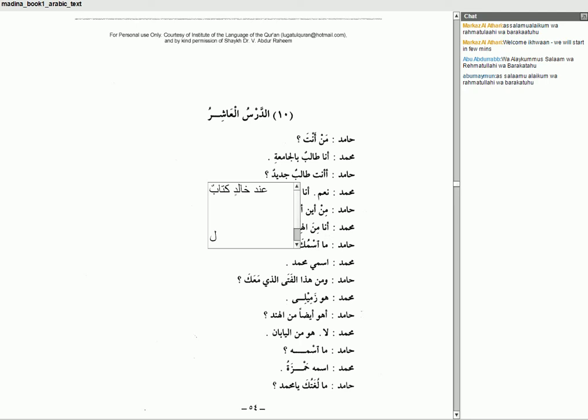Okay. And in the case of li Khalidin, you won't necessarily say li Khalidin kitabun, but you will actually speak about people. Li Khalidin akhun, for example.